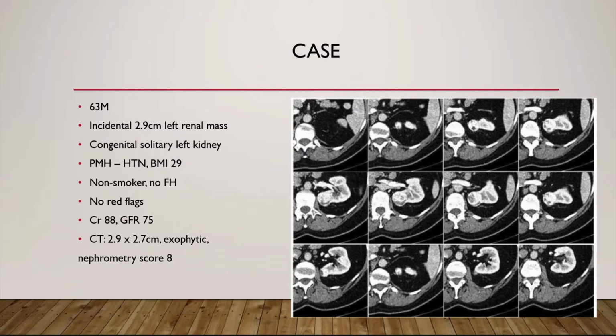He presented to his primary care physician with an incidental CT finding of a 2.9 centimeter left renal mass in a congenitally solitary left kidney, something that the patient was previously unaware of. And this was discovered as part of an emergency department evaluation for an episode of epigastric pain, which is now completely resolved.